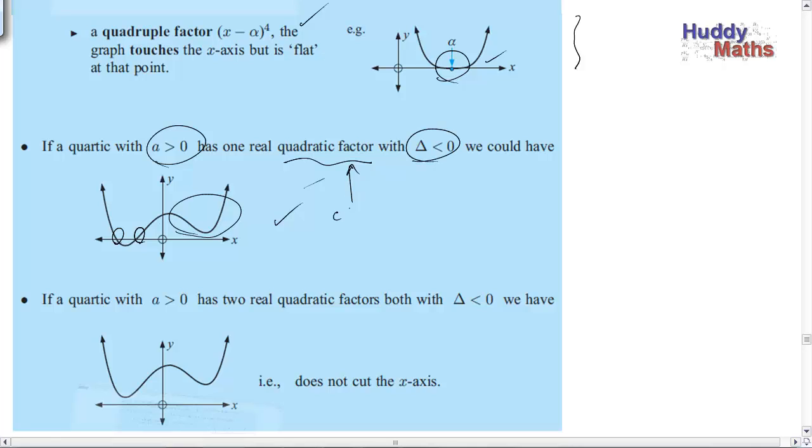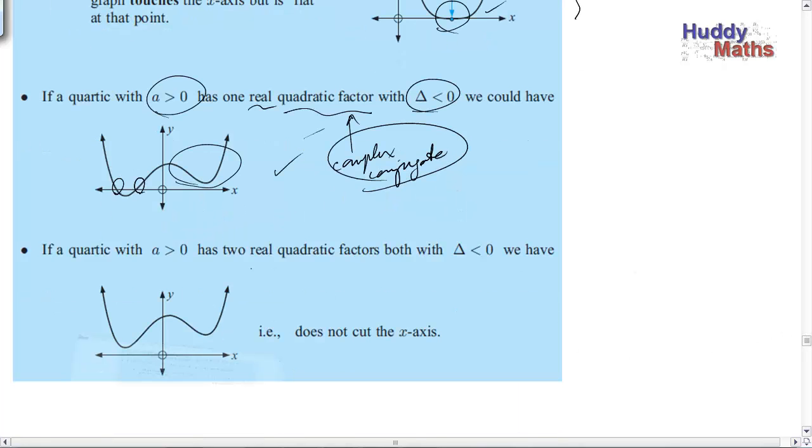It would have a complex conjugate pair in there, still giving real coefficients because the sum and product of the roots are real, but it won't give any intercepts. So just watch that there.